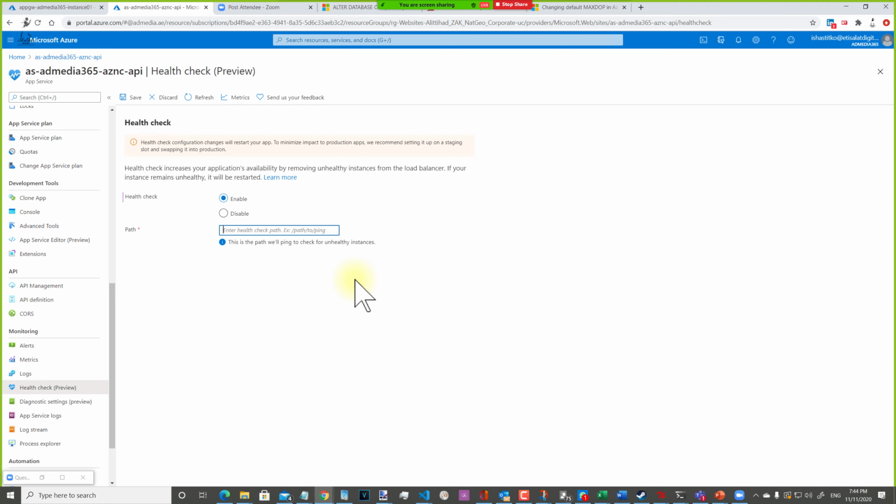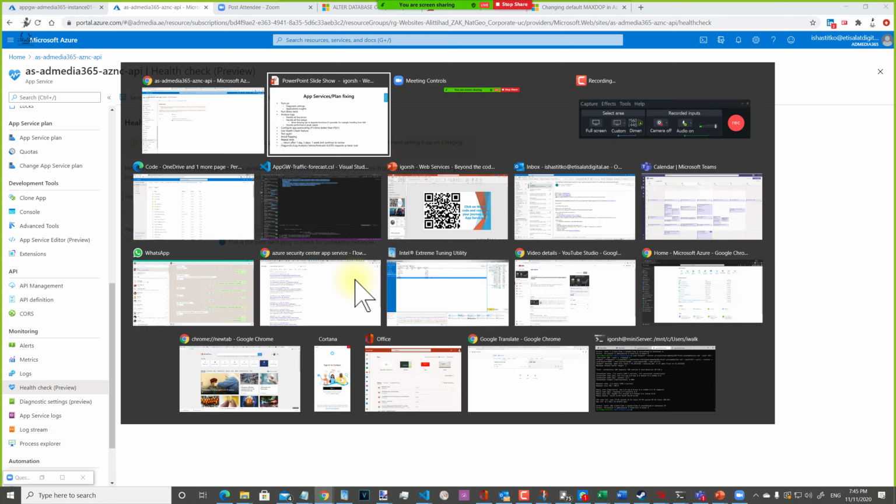The application plan will check each instance of your application with this path, and if this path returns a 500 error or anything else like 501, 2, 3, whatever, it will reboot the instance. It's really effective in case of attacks, etc.